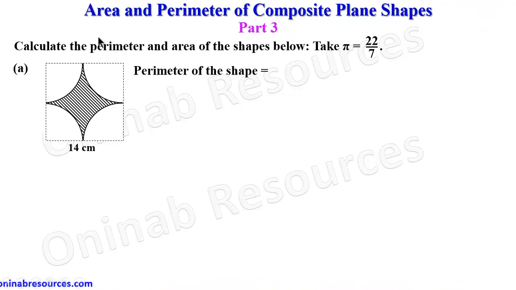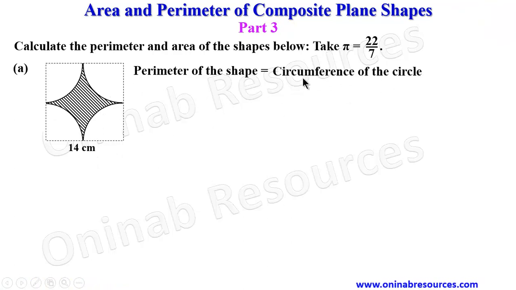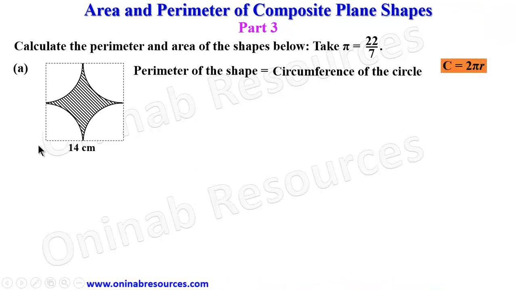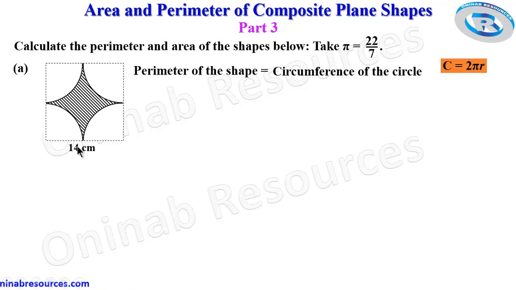If we join them together, the perimeter of the shape now is going to be equal to the circumference of the circle. And we know the circumference of a circle is 2 pi r. Our radius here is going to be 7 centimeters. This is 7 since the diameter is the size of the square.